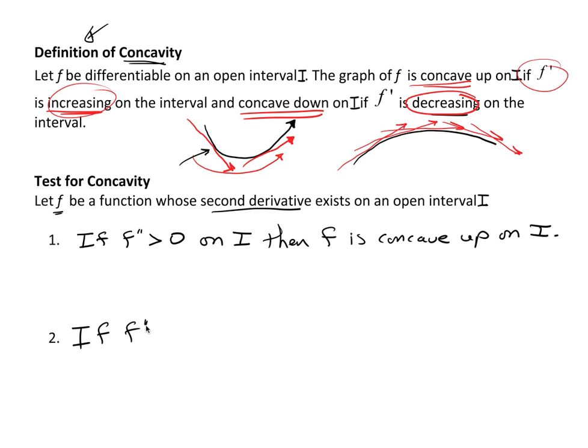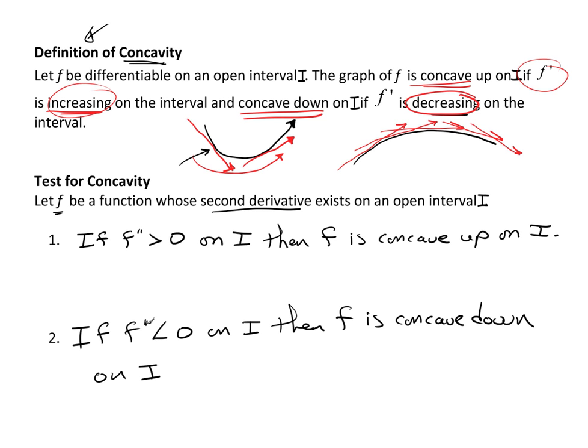If the second derivative is less than 0, in other words, negative on I, then f is concave down on I. The second derivative being negative means the first derivative is decreasing, which is what we're seeing in this example up here.